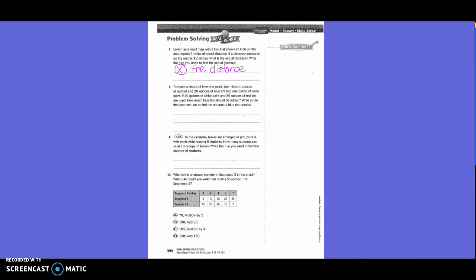By 5. So multiply the distance on the map by 5. So what is 5 times 12, guys? 60. So 60 miles would be our answer to that question.